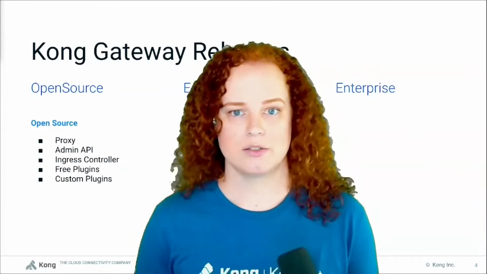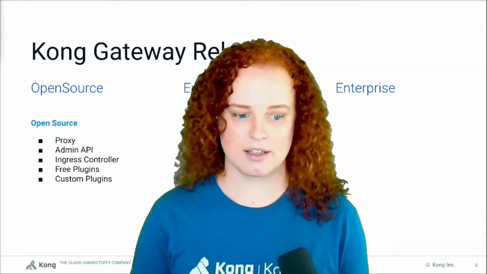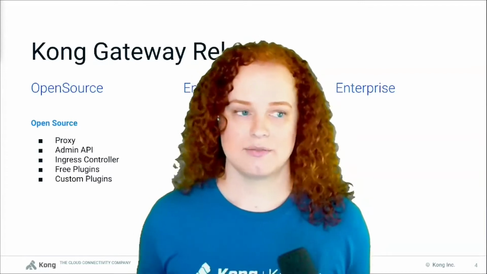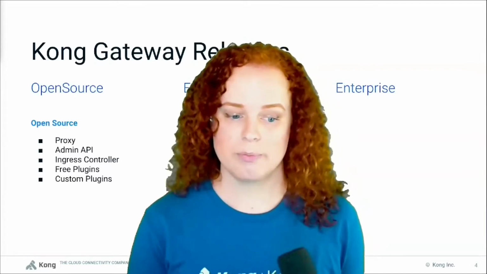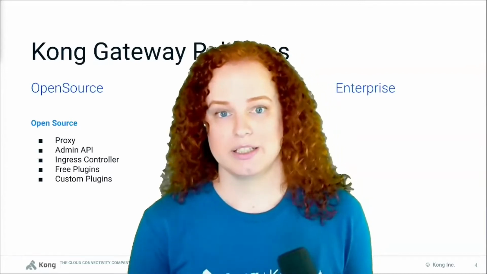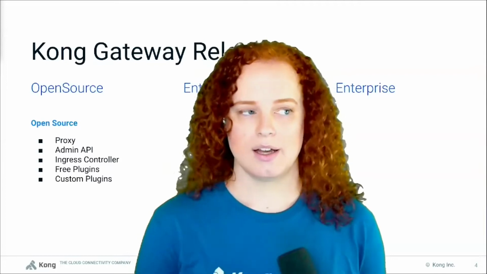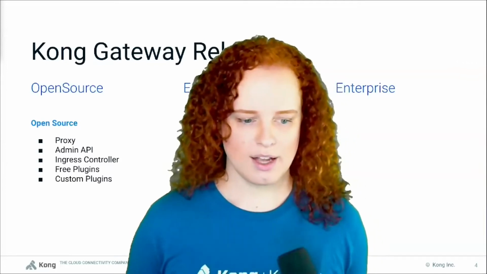You're going to manage it with the Admin API or Kubernetes resources. And that does include the Ingress Controller and a suite of the free plugins and the ability to add and develop your own custom plugins. Plugins right now are developed in Lua. And that is the core, that Kong open core.